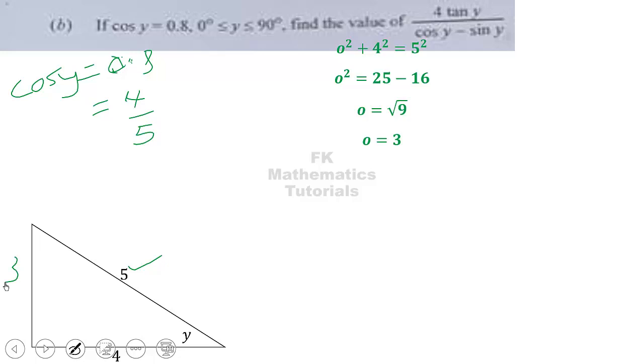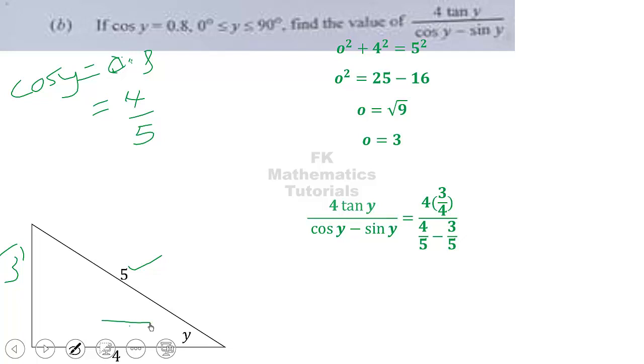Now we need to substitute the values. So tan y will be opposite over adjacent, which is 4. So that will be 3 over 4. Then cos y will be adjacent over hypotenuse, which is 4 over 5.